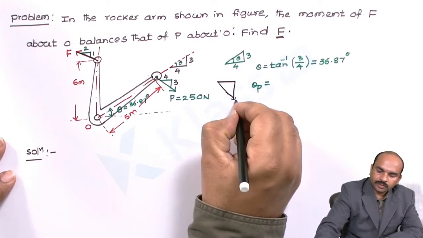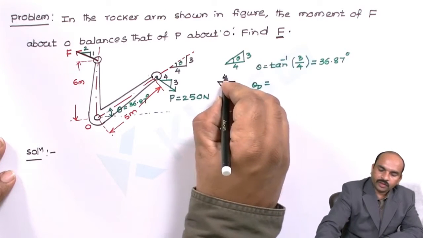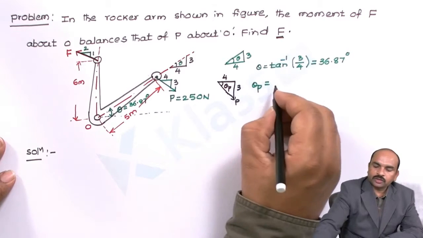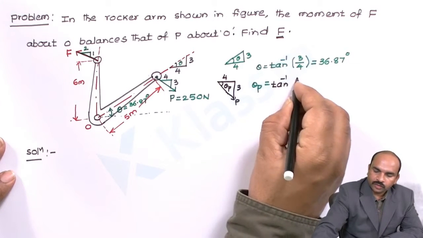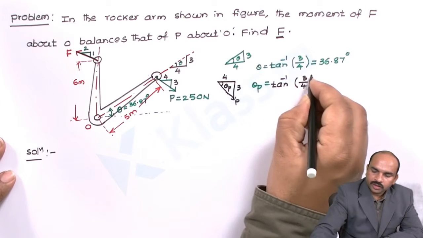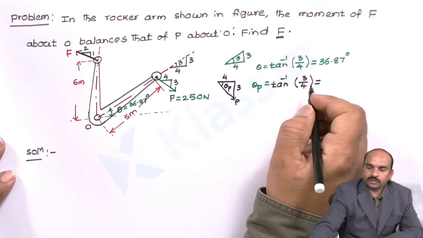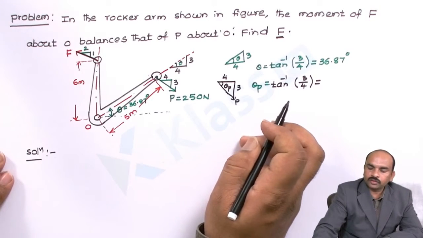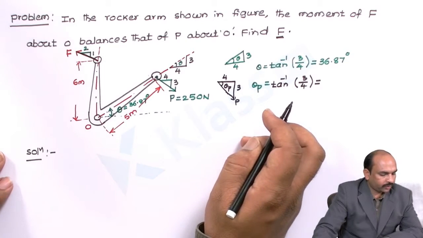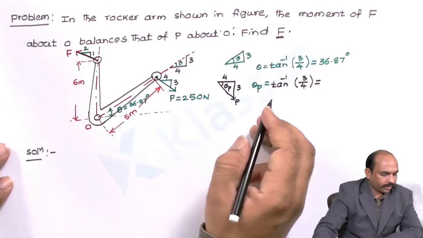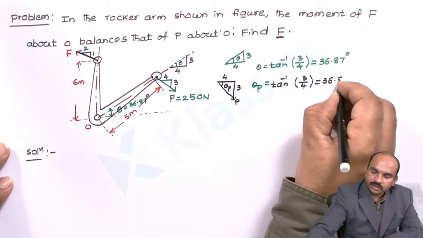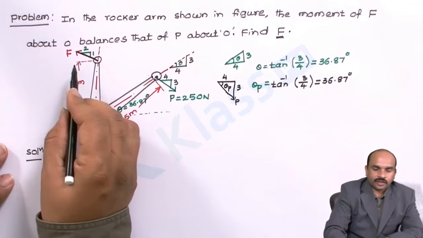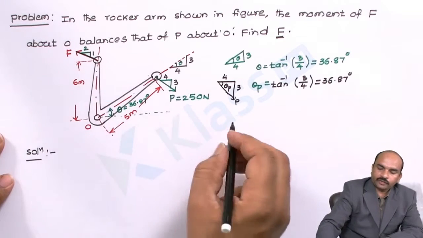This is P 250, this is 4, 3, let this angle be theta P. So theta P equals tan inverse opposite by adjacent, that is, opposite to theta is 3, adjacent to theta is 4, so 3 by 4, and its angle is 36.87 degrees.